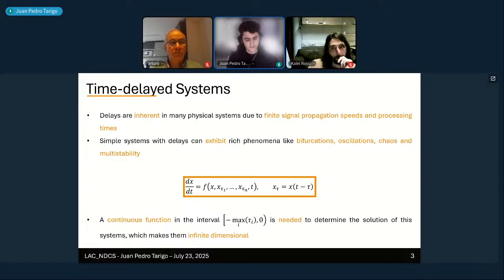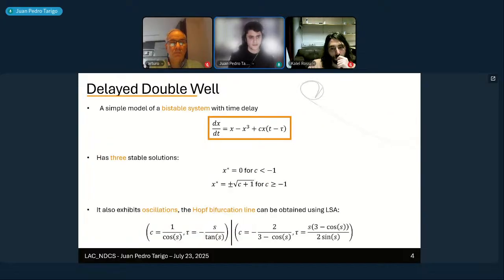So they're very simple to compute, but they're infinite dimensional, and they present a lot of multi-stability and multiple solutions.